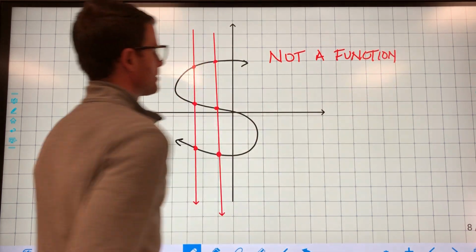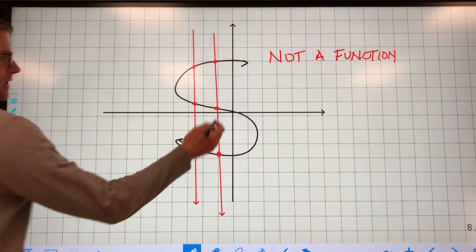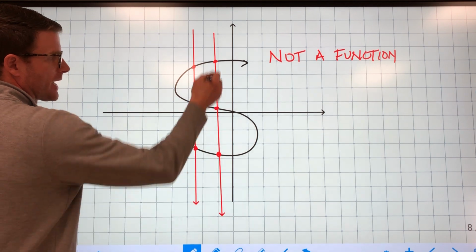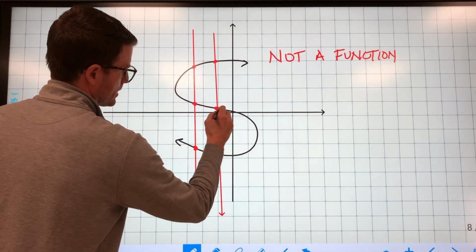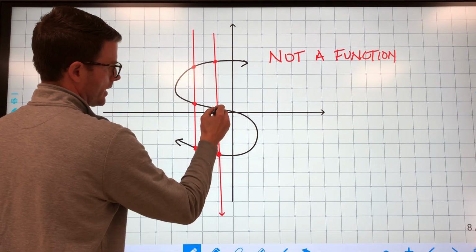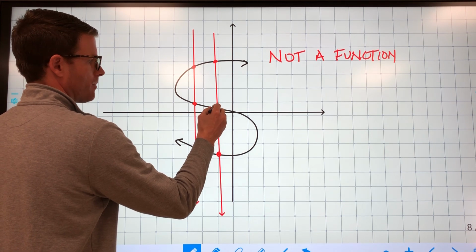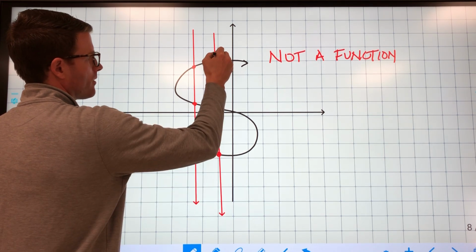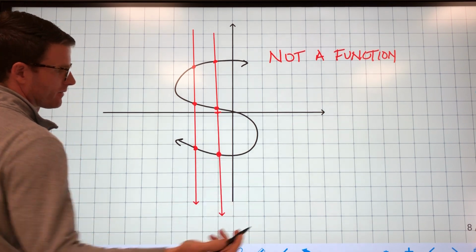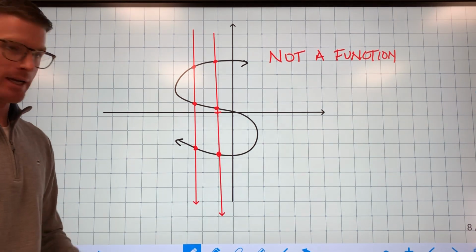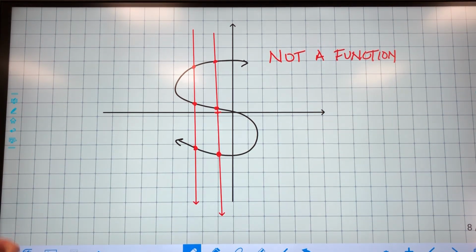The reason is that for this input I have 3 outputs. So when x is -1, let's say, y could be +1/2, +5, -3.5. So more than one output for each input on that graph.